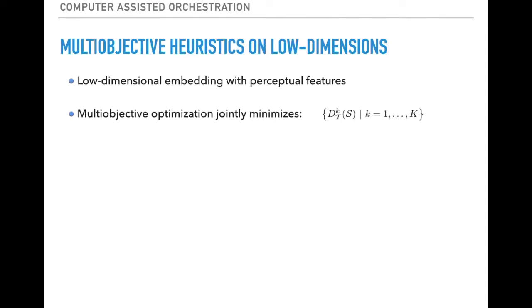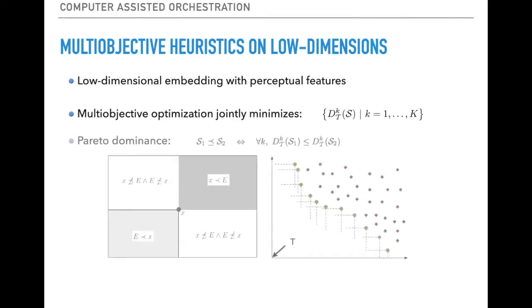A multi-objective optimization is something that minimizes jointly all the features. So we find the best solution given the pitch, the best solution given the energy, the best solution given the brightness, and so on. So basically, this would generate a set of best solutions called the Pareto front. The Pareto front is the set of solutions. Each one of them is the best given a feature. So this is an interesting approach, actually.